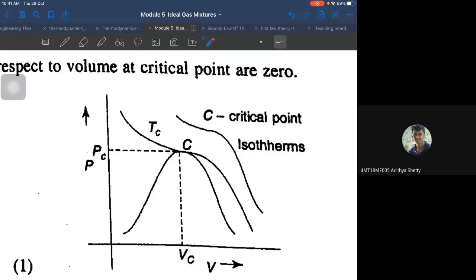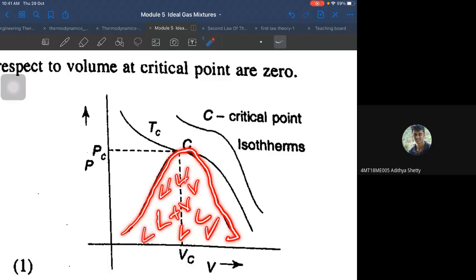And the third: between the saturated liquid line and the saturated vapor line, liquid plus vapor both exist. Got the meaning?